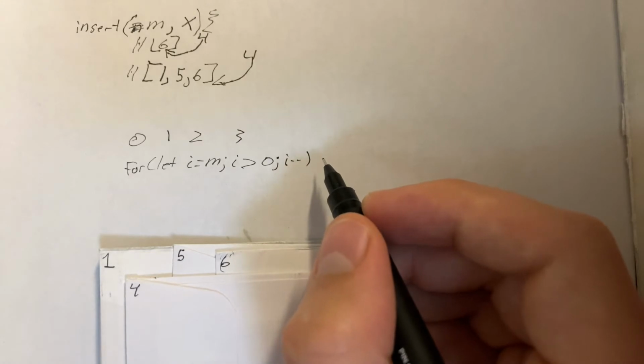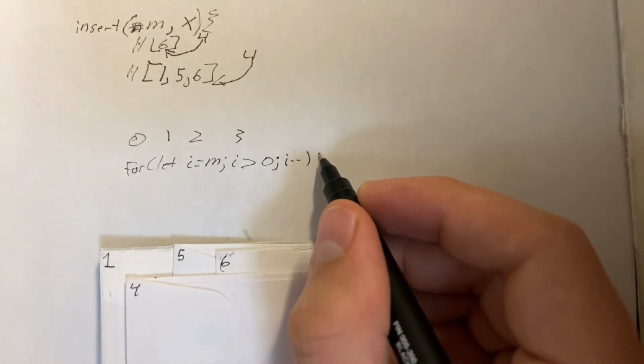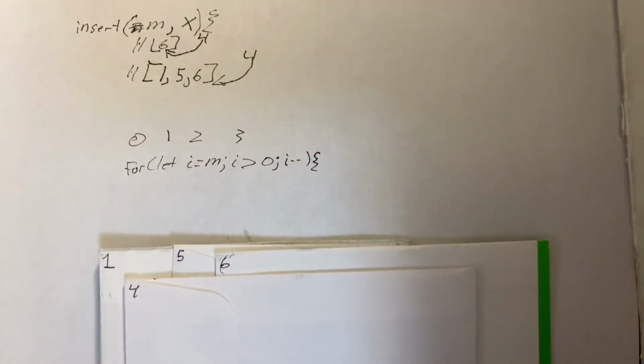And just like when we were doing the deck example with our hands, we will record the index, such that the value of the position represented by the index 1 less than that, that value was less than x.